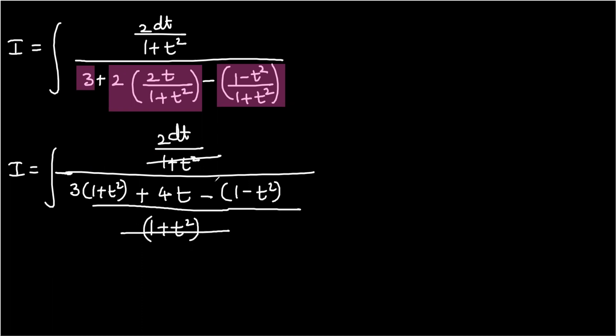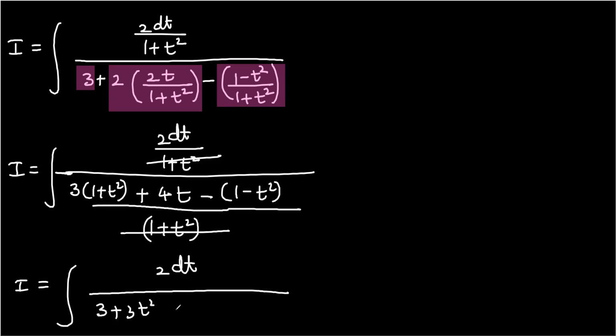This and this 1 plus t square cancels. I get I equals to 2 dt, and multiply 3 inside, 3 plus 3t square plus 4t minus 1 plus t square.